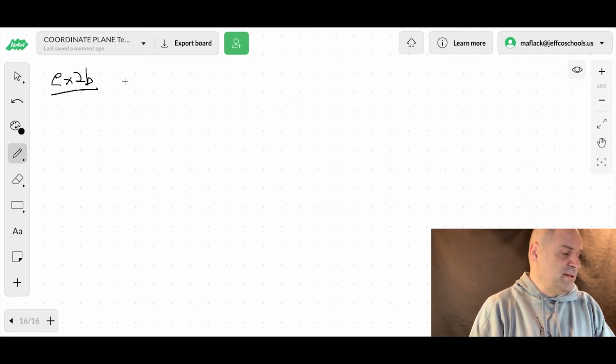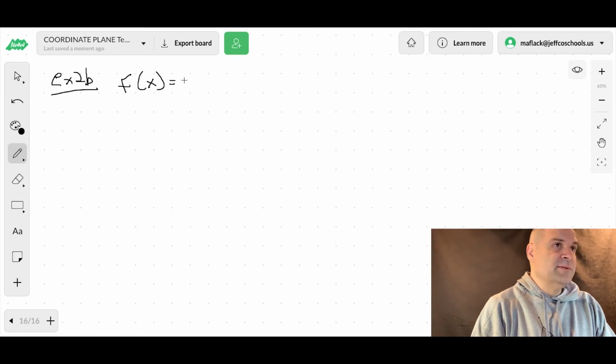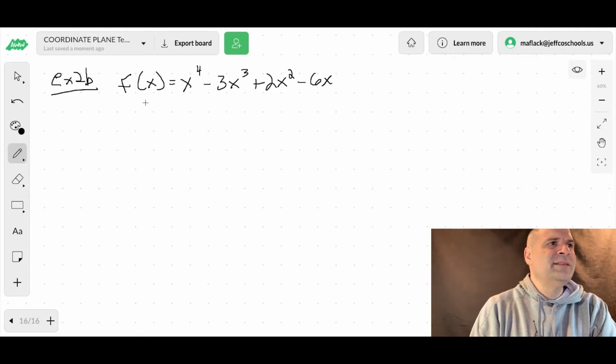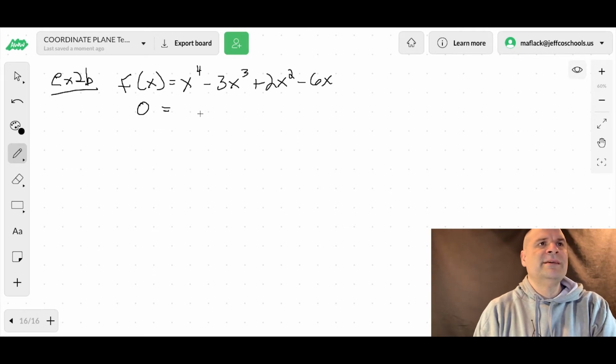Find the real solutions of this guy. F of x equals x to the 4th, oh my, minus 3x cubed plus 2x squared minus 6x. Okay, all right, so set that to 0. Let's take out some factors.